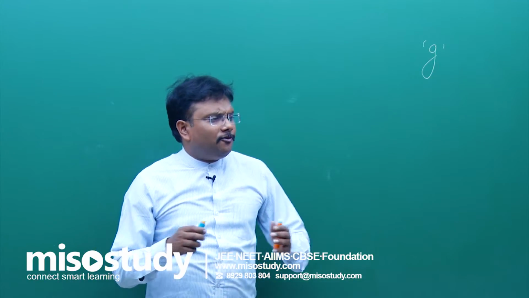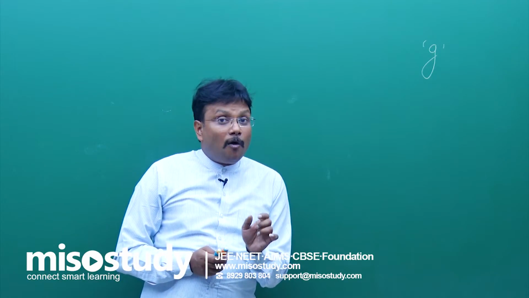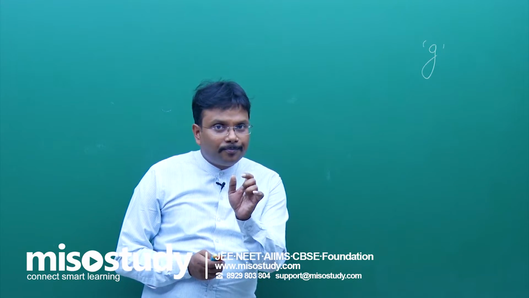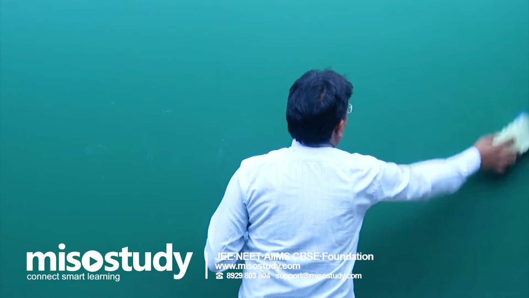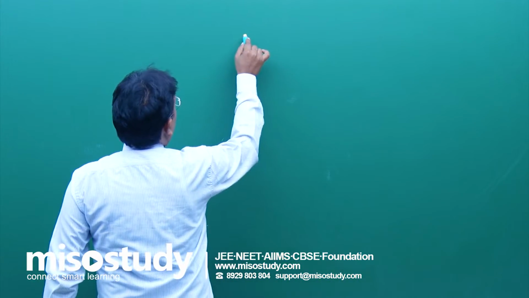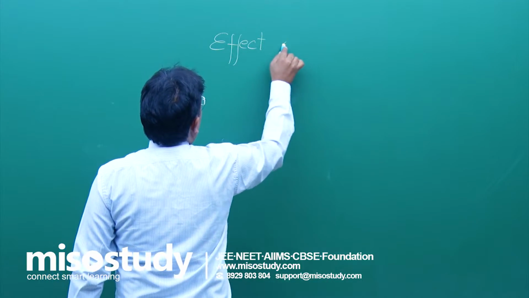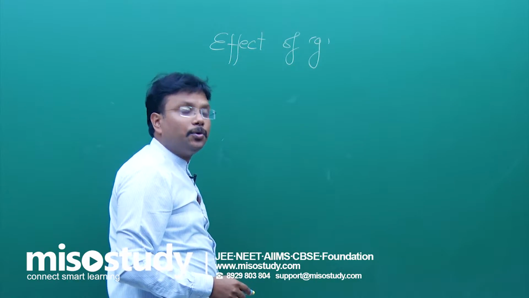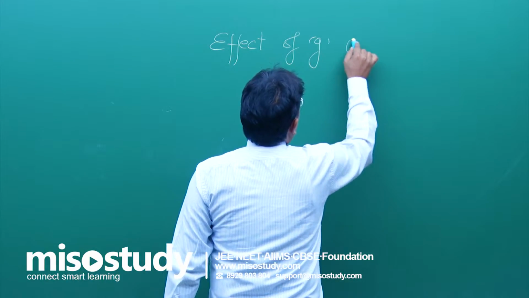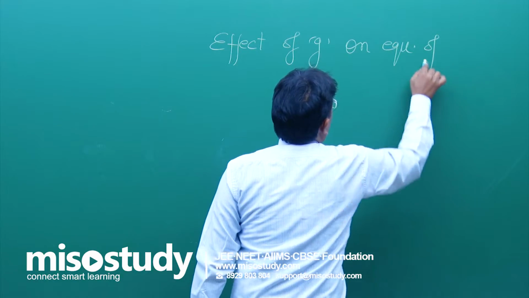So, I should define the heading of this topic like this: effect of G, that is acceleration due to gravity, on equation of motion.